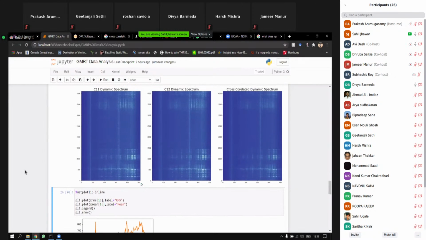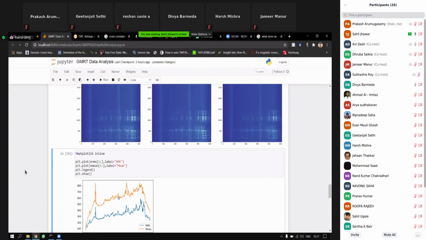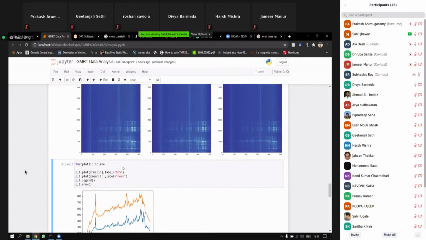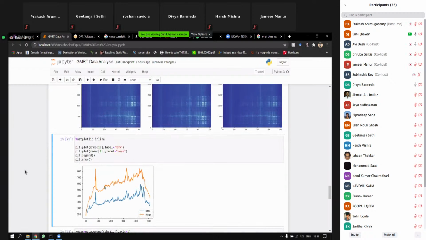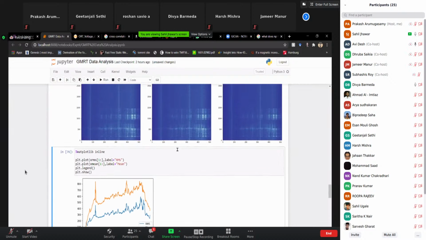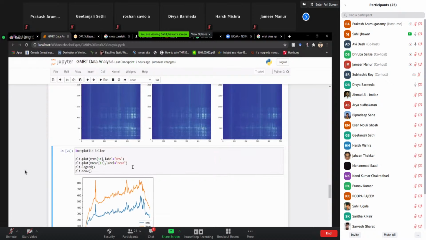Sir, this spike will correspond to the persistent RFI seen below about channel 100. You see a vertical line?